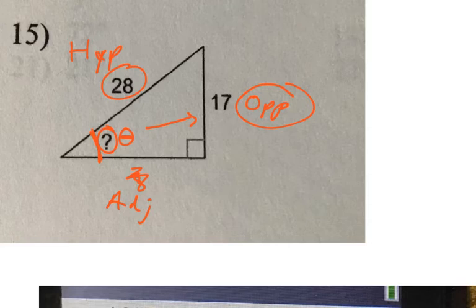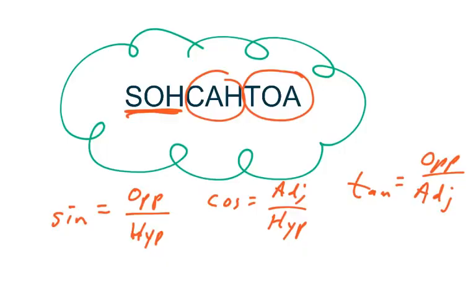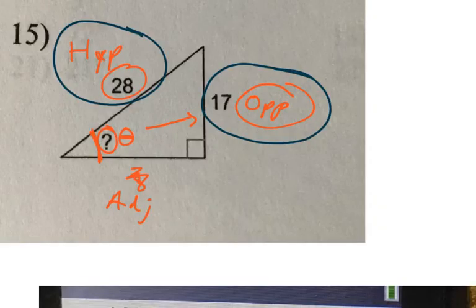So you have to ask yourself right now, which one uses opposite with hypotenuse? So again, look at SOHCAHTOA, which is the only one that uses an opposite with hypotenuse. Bingo. Sine, right? So I know therefore that the sine of my missing theta is the opposite over the hypotenuse.